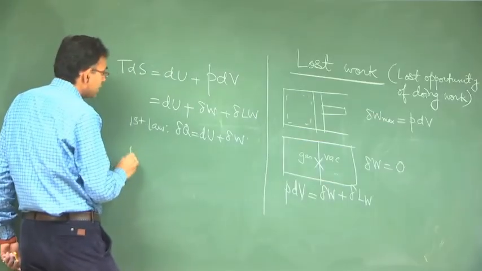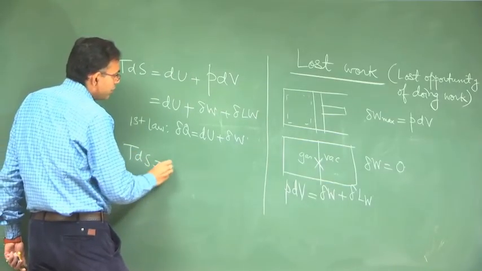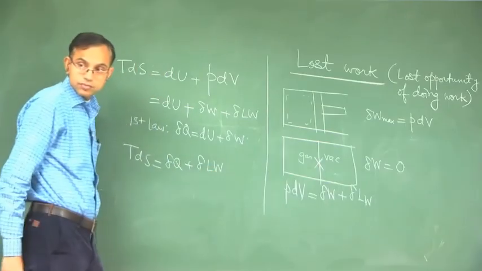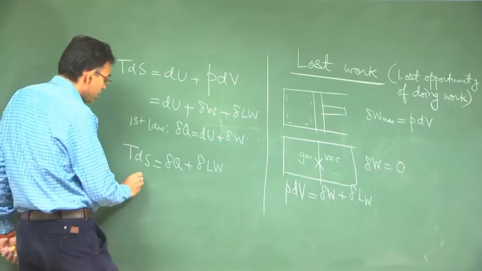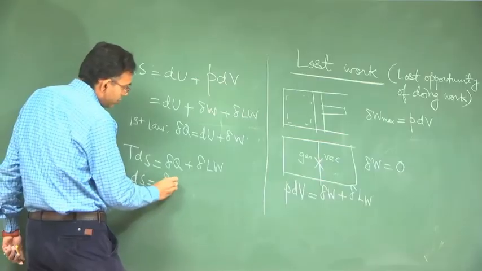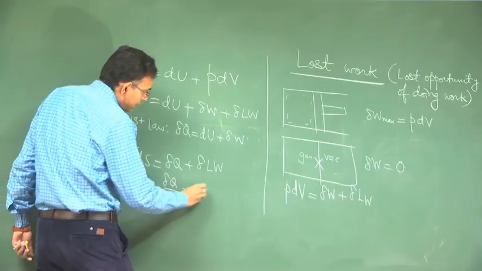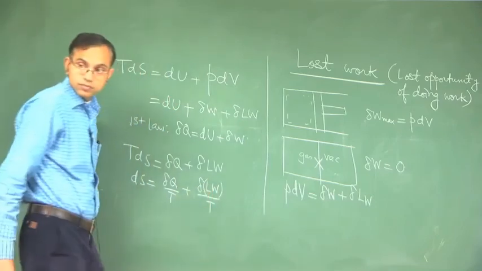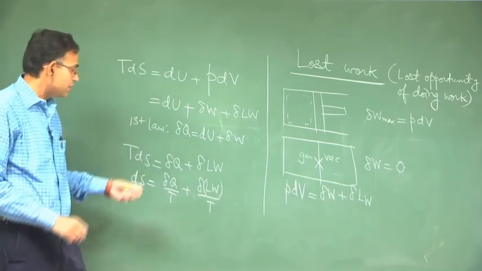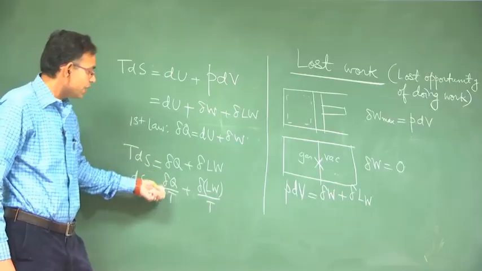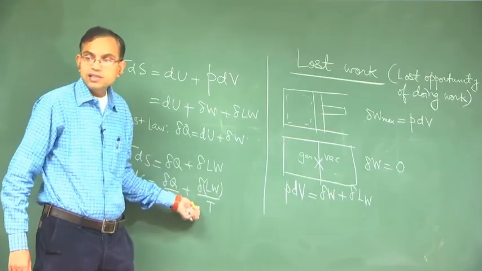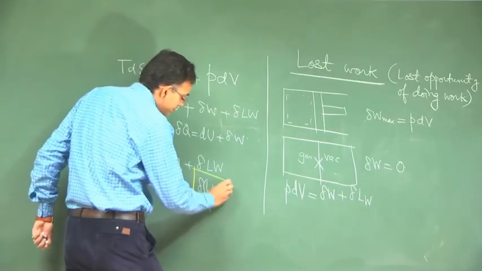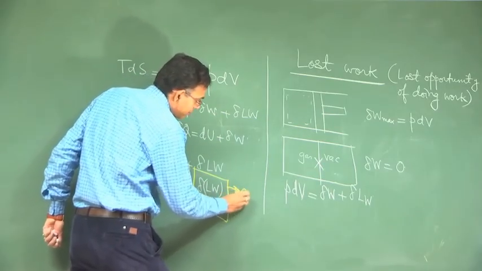So, you can write TdS is equal to delQ plus delta lost work. So, dS is equal to delQ by T plus delta lost work by T. Compare this with dS is equal to delQ by T plus delta S generation. So, this is nothing but entropy generation.